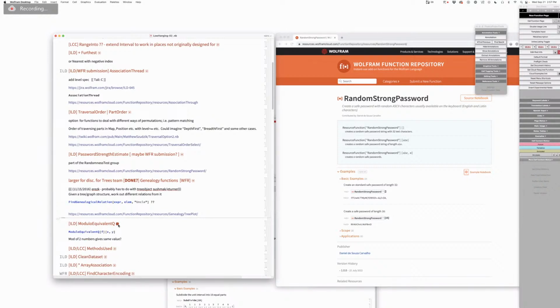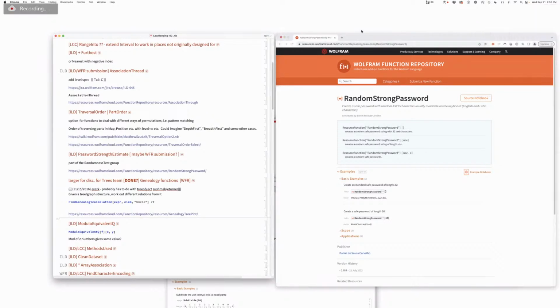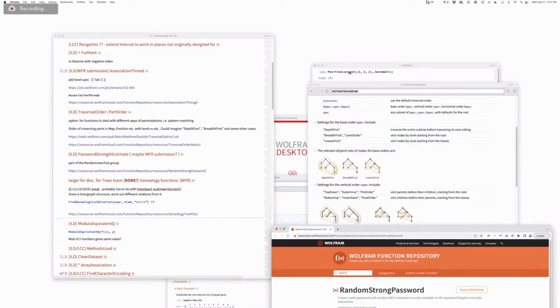Modular equivalent Q. By the way, that raises the question of whether there should be an operator form of mod. It does not seem obviously crazy to me. Seems useful to me.